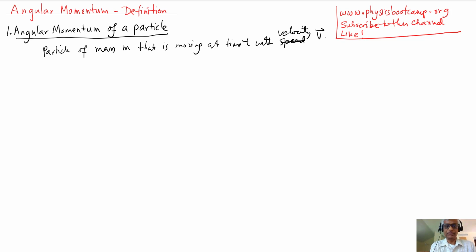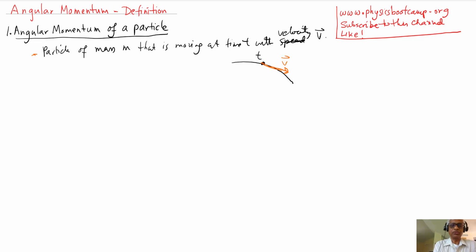We need the direction. So we have a particle like that. You might say the particle is going in this path and it happens to be here at time t, and its velocity is in that direction, tangent to the trajectory, and that's how the velocity occurs.